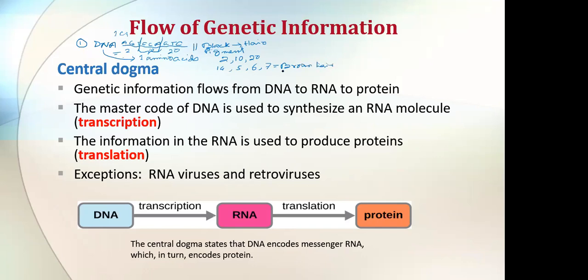Because the presence of these amino acids, this combination, is going to make one specific protein or pigment which is brown in color, and that will give your hair brown color.